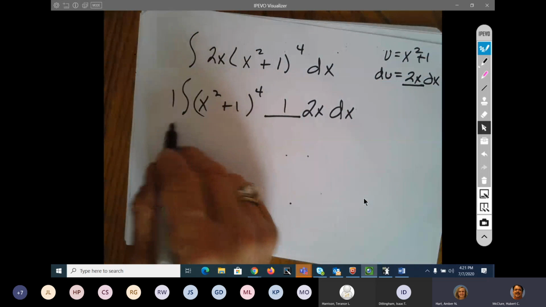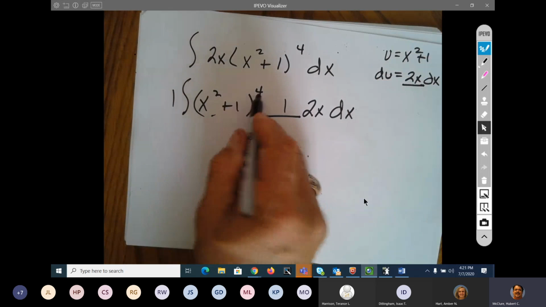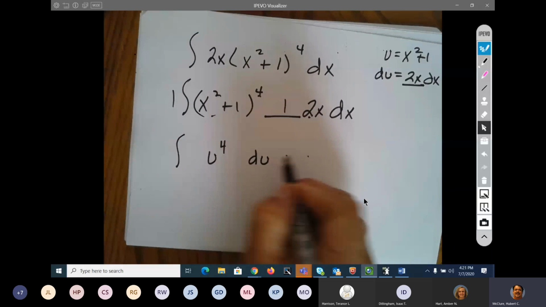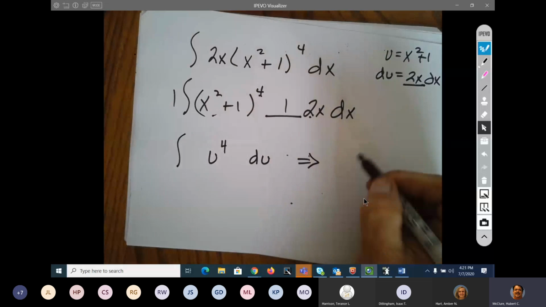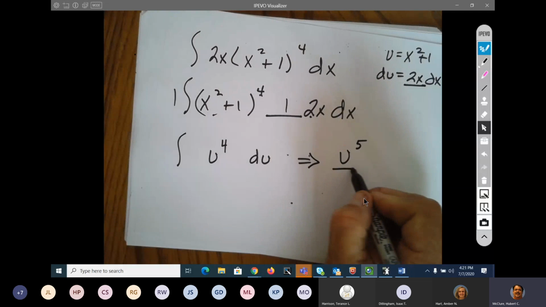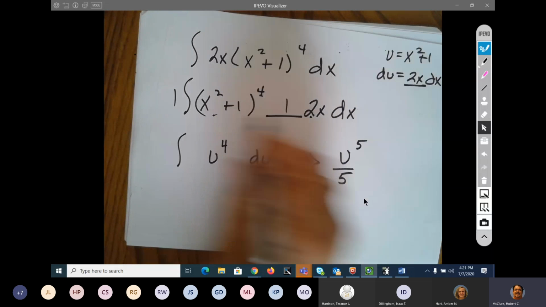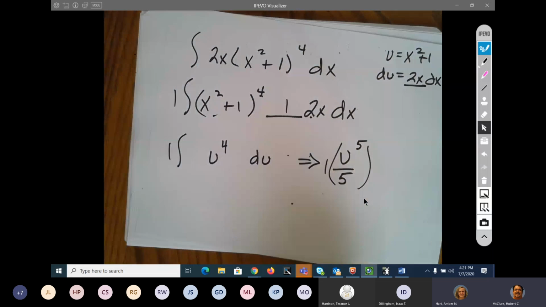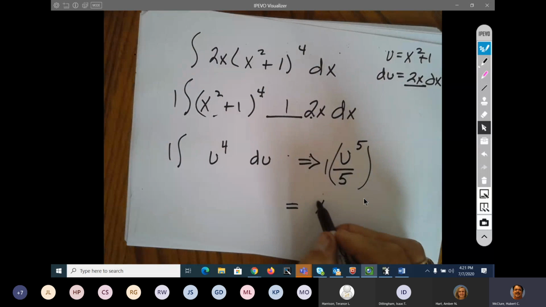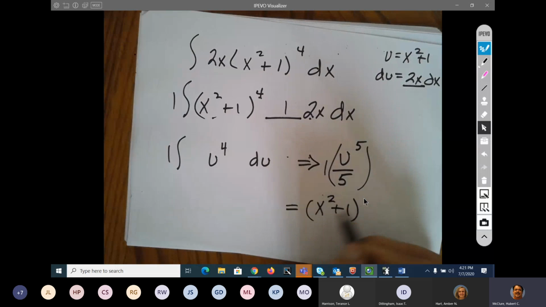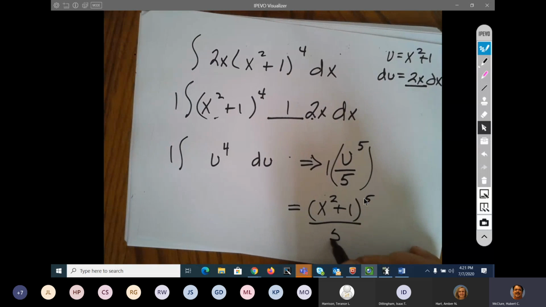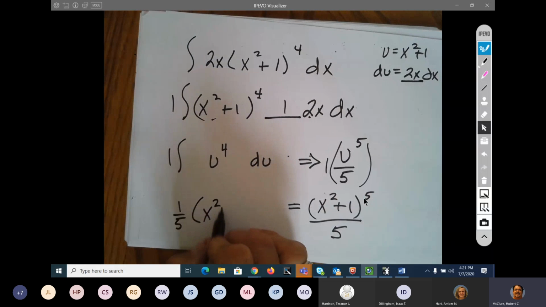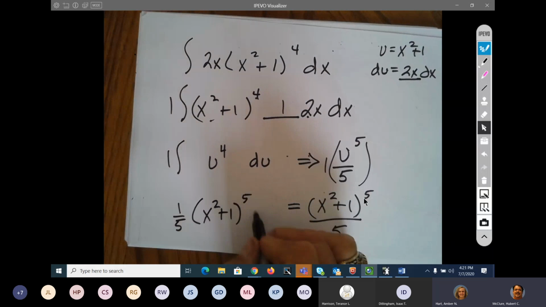Now we've got u to the fourth du. The antiderivative of u to the fourth du is u to the fifth over 5. And you got that 1 out there, if you want to get technical. And that's going to be x squared plus 1 to the fifth over 5, or 1/5 times x squared plus 1 to the fifth plus c.